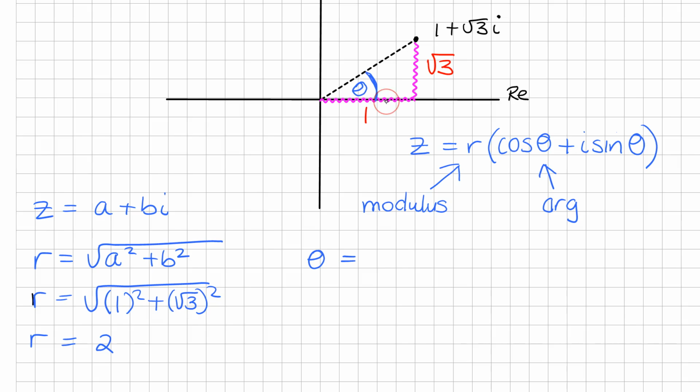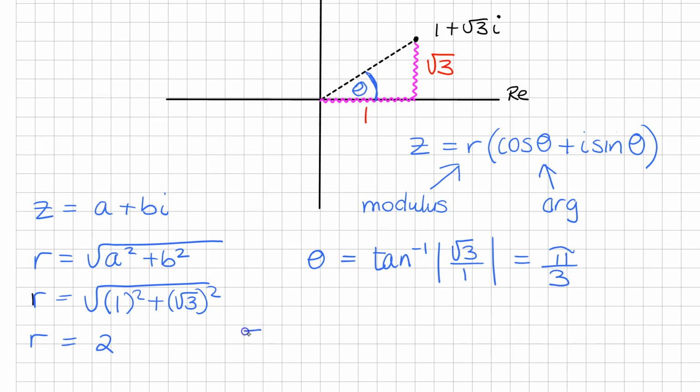So we have those two sides of the triangle, and an inverse tan will give us the angle. I'm going to put absolute values on them. It doesn't matter here because they're both positive, but when the complex number is in other quadrants, those numbers won't be positive. And always remember, when you're finding a reference angle, it always needs to be less than 90 and always positive. So inverse tan of root 3 over 1, you look that up on your calculator and you'll get pi over 3.